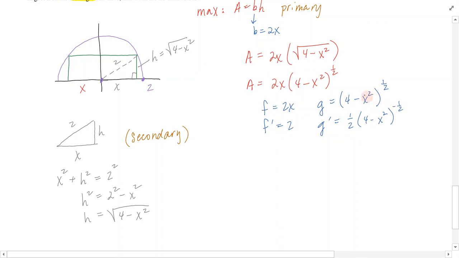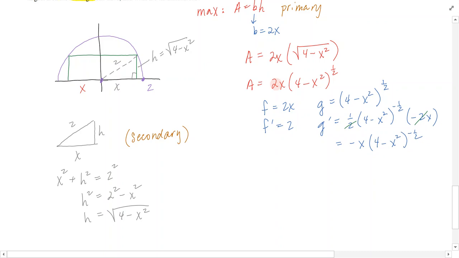Now let's take the derivative of the inside, which would be negative 2x. And we'll simplify this. So I have, notice that this 2 is going to cancel with that 2. I end up with negative x times 4 minus x squared to the negative 1/2.